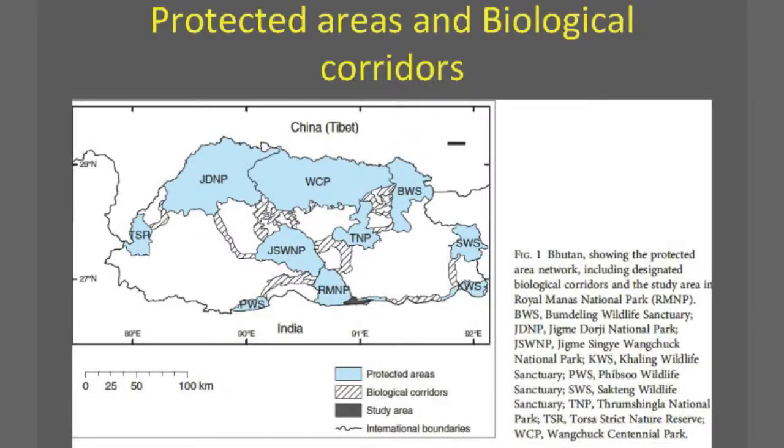In fact, this happens. Here you see a map of Bhutan, and they're constructing these corridors, which are the striped areas. And similar things are going on here in Nepal as well. So you've seen a few bits of ecological theory that are very useful to organize the way you can think about conservation.